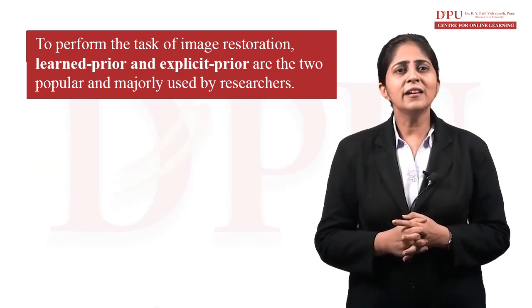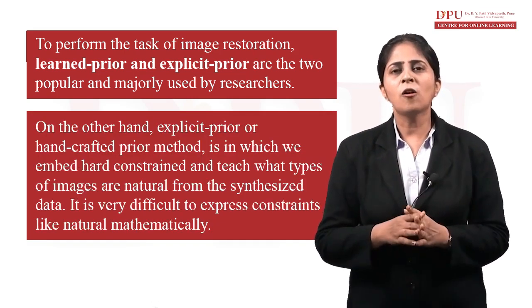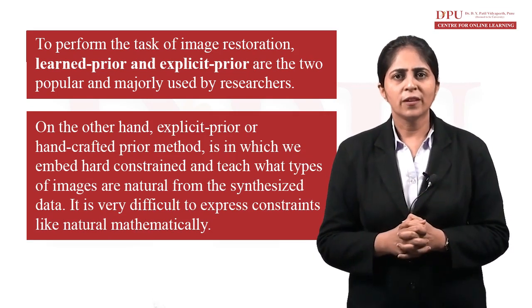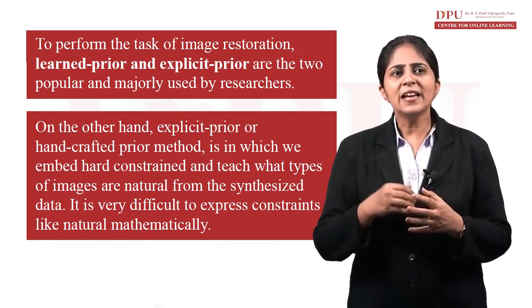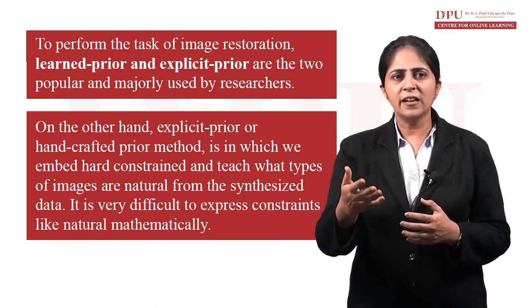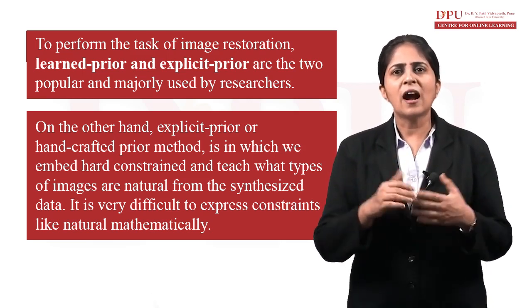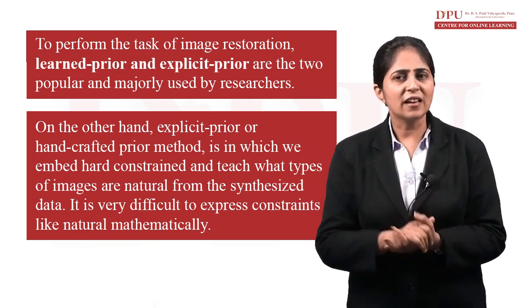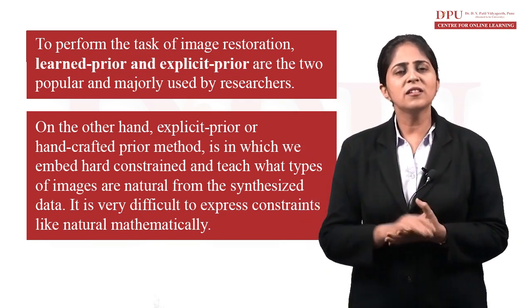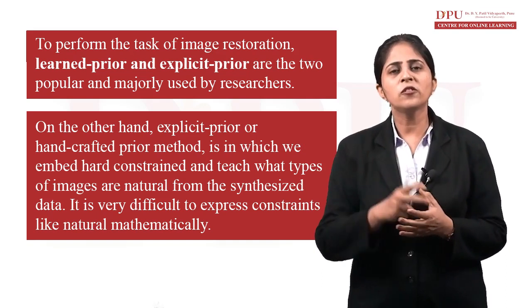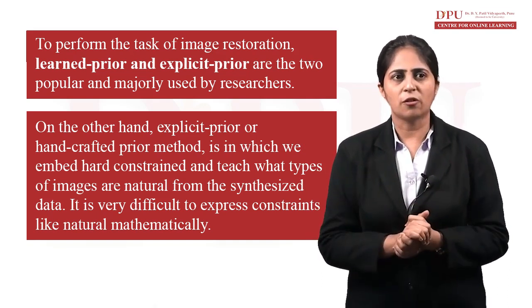The second method, on the other hand, is the explicit prior or the handcrafted prior, in which we embed hard constraints and define what types of images are natural from the synthesized data. We have some synthesized data and we are trying to retrieve the natural image from it.